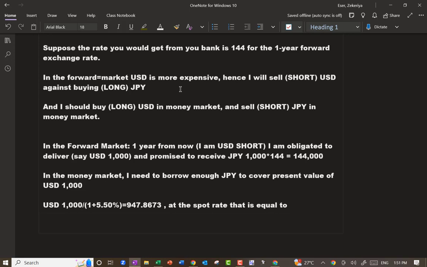That is equal to 947.8673 times 146.51. So I need approximately 138,000. I need to borrow 138,872 yen.